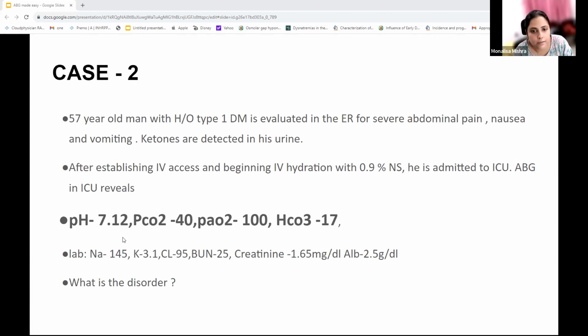Anybody want to answer this? Okay, somebody is saying metabolic acidosis. Any other different answer you guys have? Or is it metabolic acidosis only?